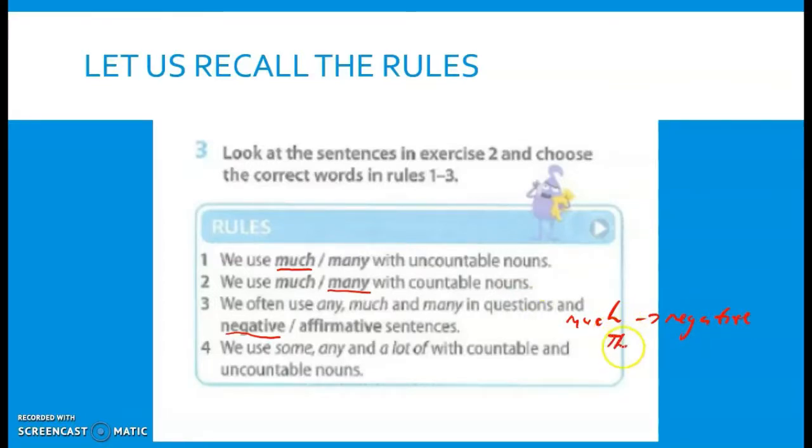For example, there isn't much pasta. We cannot say there is much pasta. It is not possible. So we can only use much in negative statements. And lastly, we use some, any, and a lot of with countable and uncountable nouns.